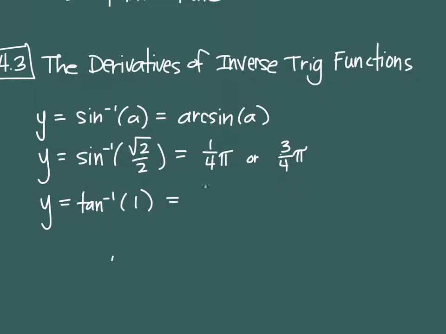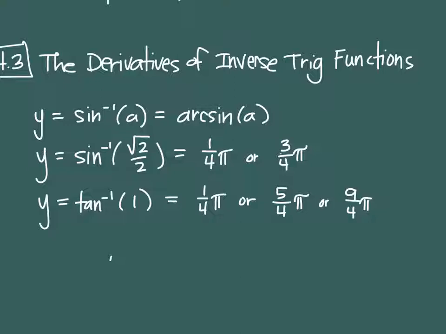That happens at 1/4 pi, but it also happens at 5/4 pi. And again, you want to watch the domain that is specified so that you know which of the quadrants to pull your answer from. In fact, it could even be more than that. Okay, it could be 9/4 pi if they want you to go around the unit circle.